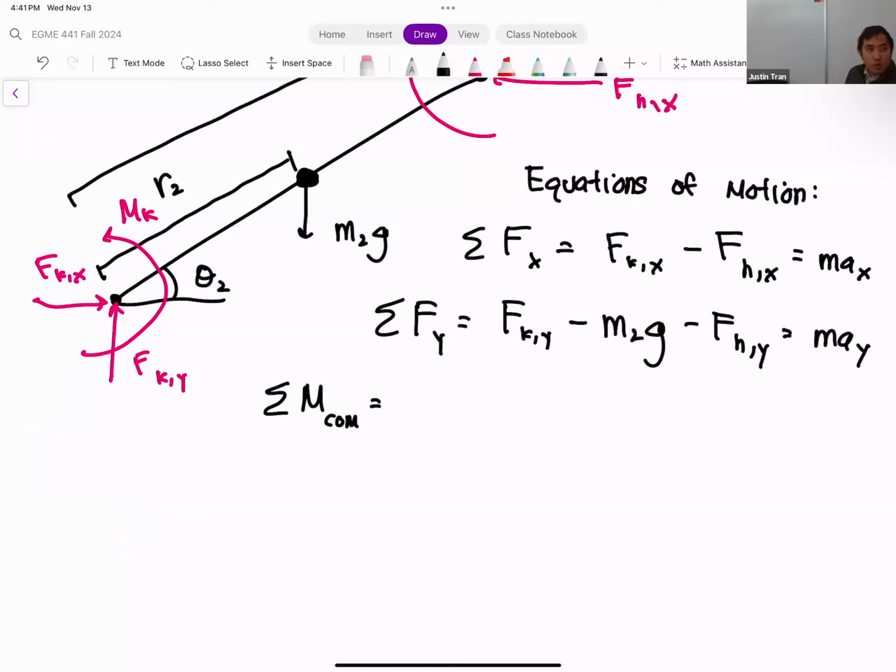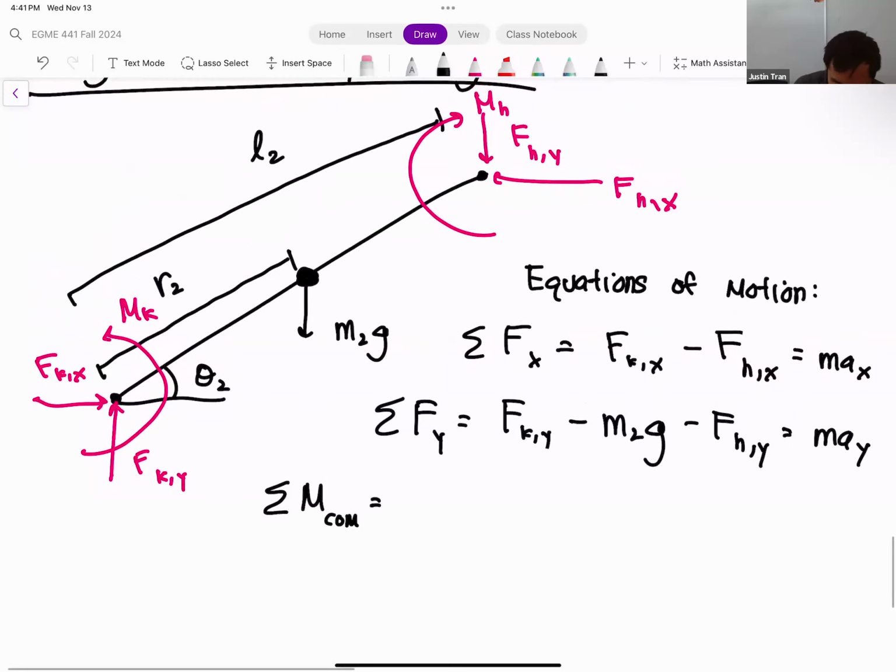And then let's sum the moments around the center of mass, just like before. First we take the point moments, and we have a positive MK and a minus MH. Then we have the moment contributions from each of the forces at the joints. That's FKX, FKY, FHX, and FHY.